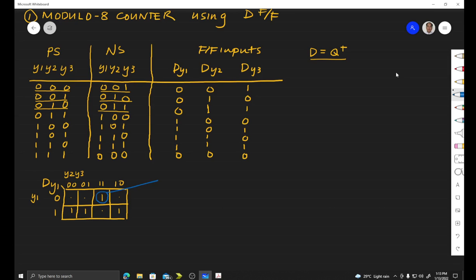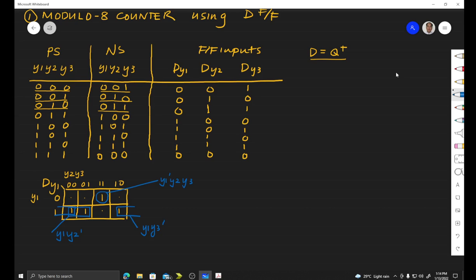So here we have y1, y1 prime, y2, y3. Then we have here y1, so y2 prime. Then also we have here equation y1, then we have y3 prime.